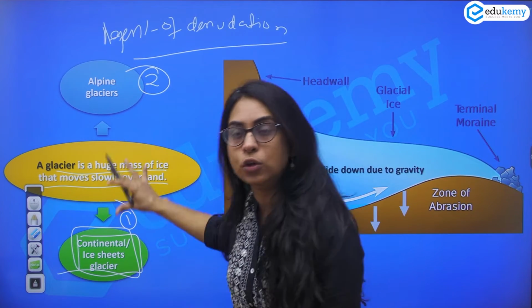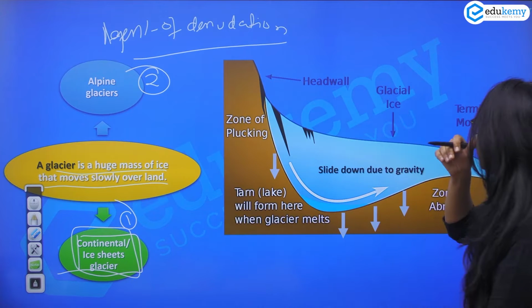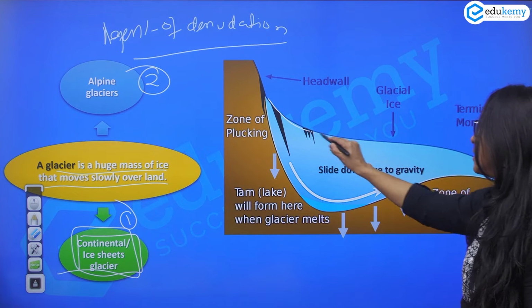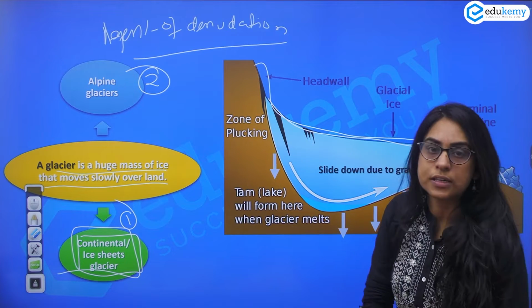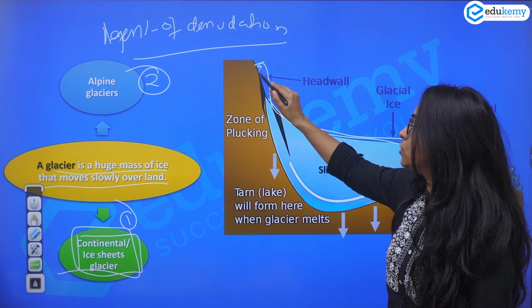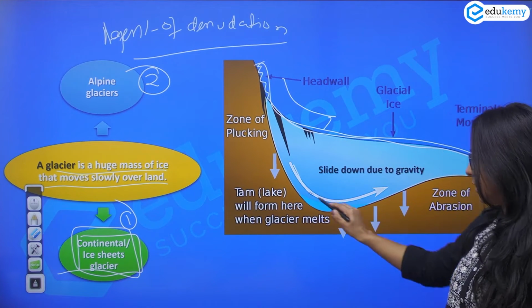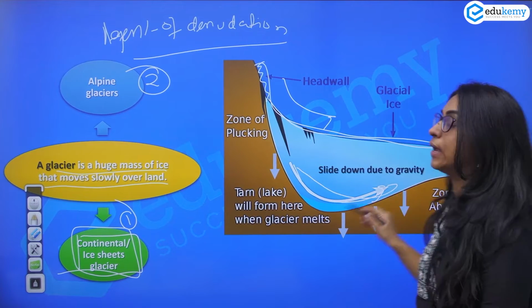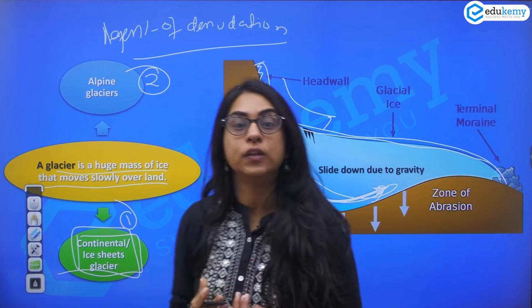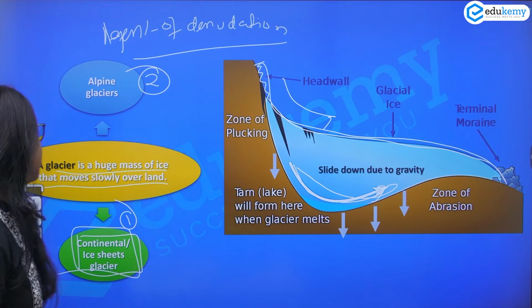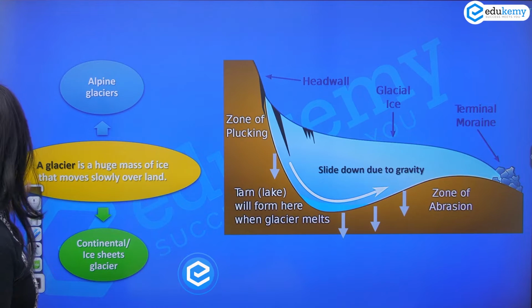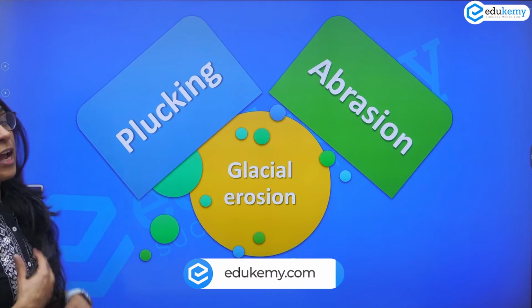Here you can look at the glacier. If this is the profile of the glacier, here what happens is, as the glacier is moving, it undergoes some erosional processes like plucking and abrasion. So what is a glacier and what are the types of glacier?